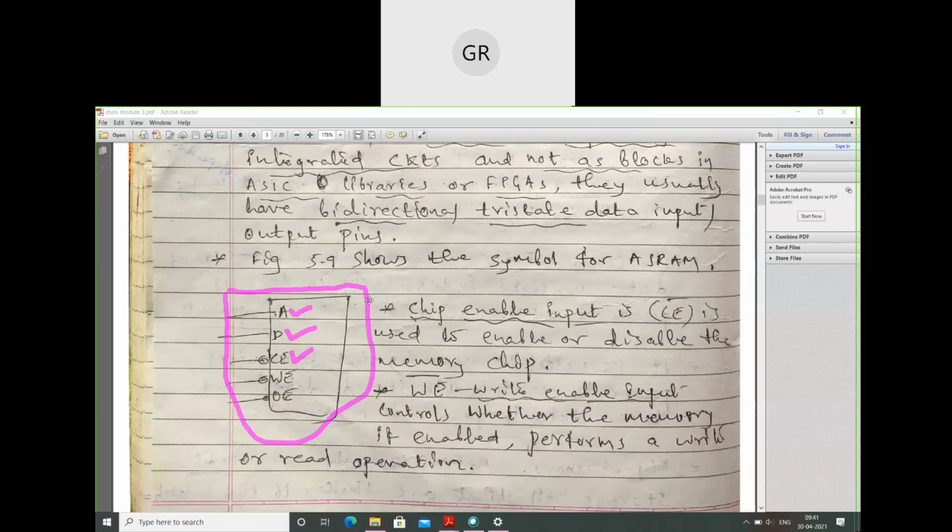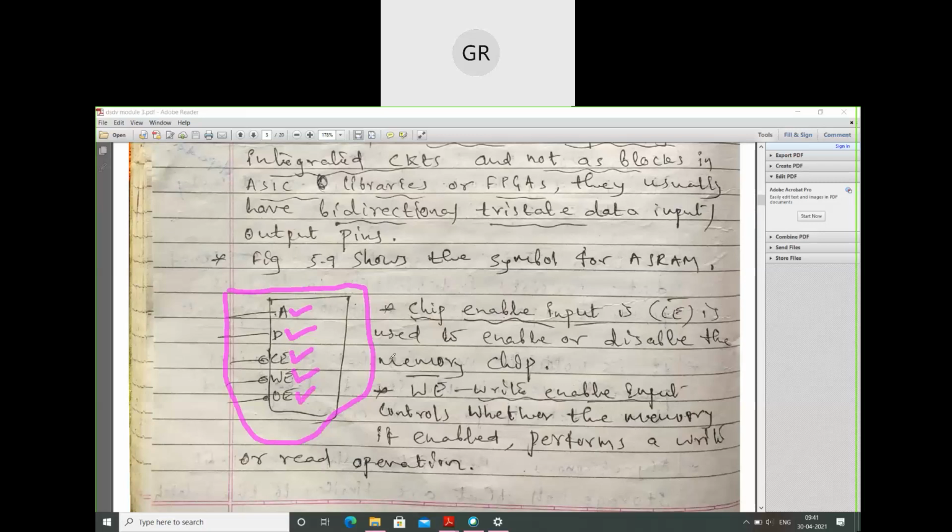WE is used to enable read and write. One more is OE, output enable.